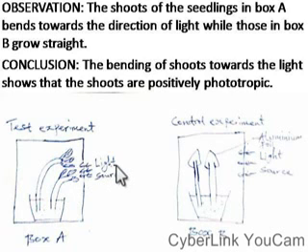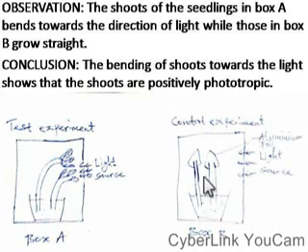That is why the light rays reach the shoots of the seedlings in box A directly, and the shoots now bend toward the light rays or light source. Box A serves as the test experiment.